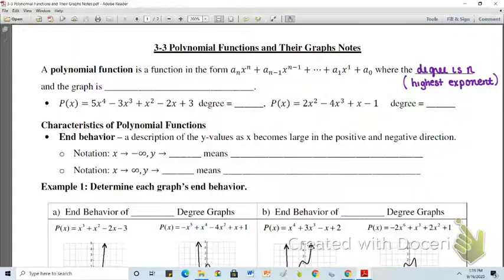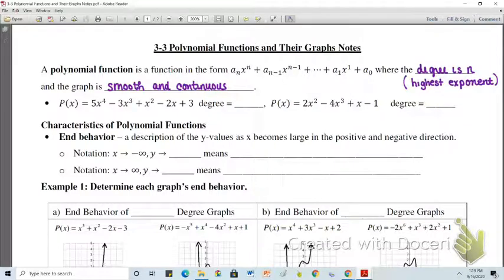And the graph is smooth and continuous. In other words, I could draw the graph without lifting my pencil.